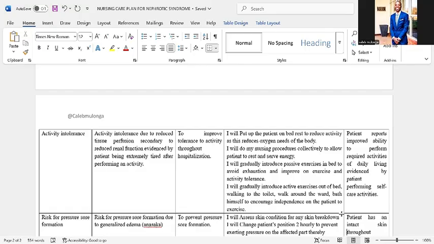Lastly, I'll gradually introduce active exercise, or you can say I will encourage the patient to ambulate as soon as the condition improves to promote tolerance to activity. Or we can put it the way we've put it in the video, which is I will gradually introduce active exercise out of bed, walking to the toilet, walking around the ward, bathing himself to encourage independence on the patient to exercise.